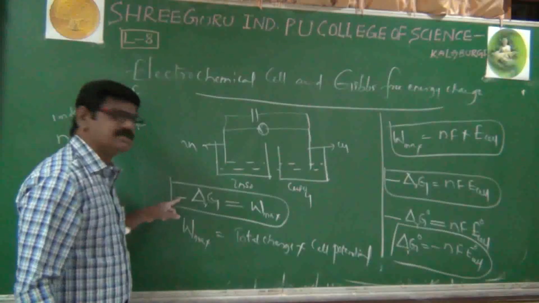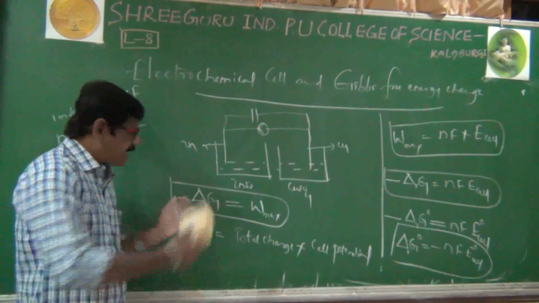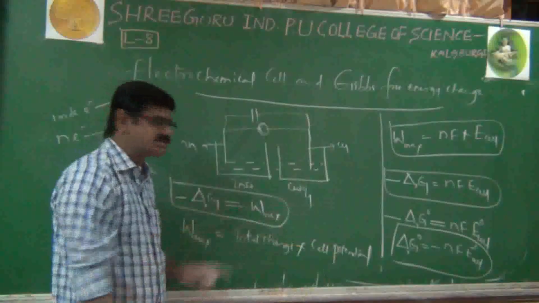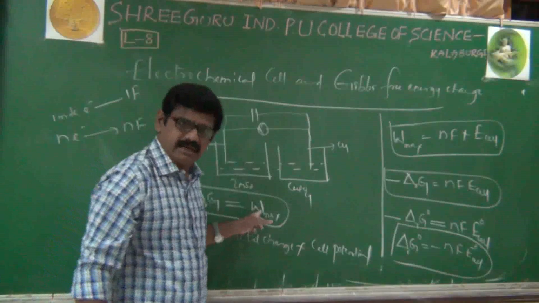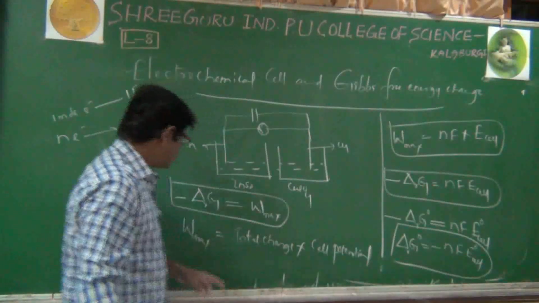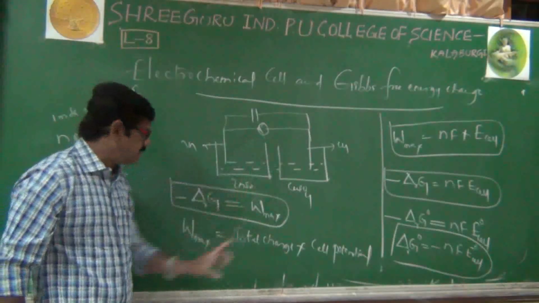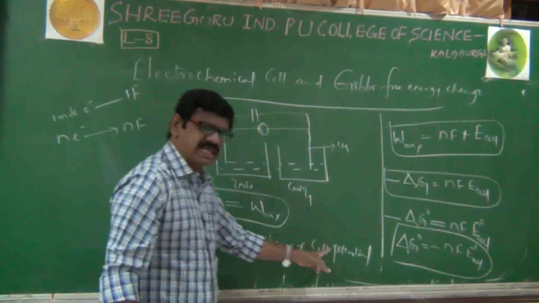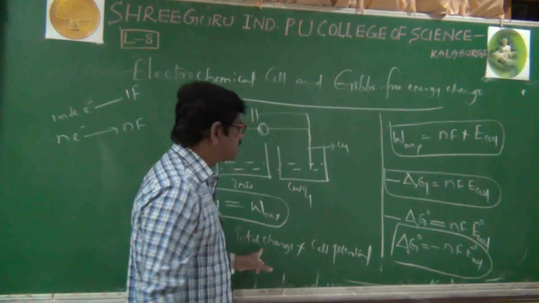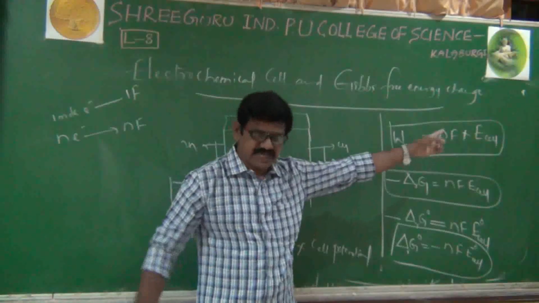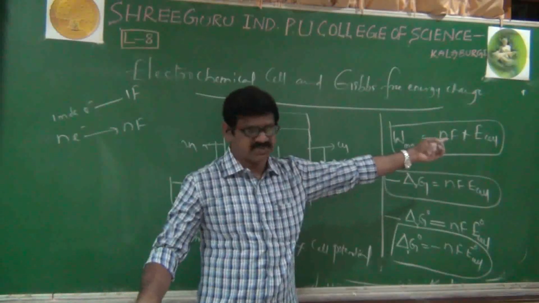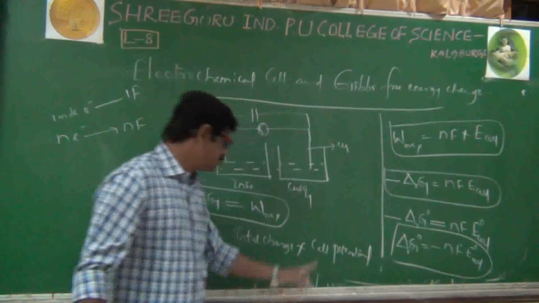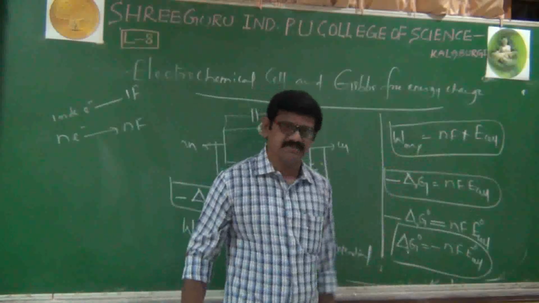That change is indicated as minus, and it is converted into electrical energy, nothing but maximum work done. As far as an electrochemical cell is concerned, W maximum is equal to total charge into cell potential. Total charge is nothing but nF, because n moles of electrons are involved, into cell potential, which is E cell.